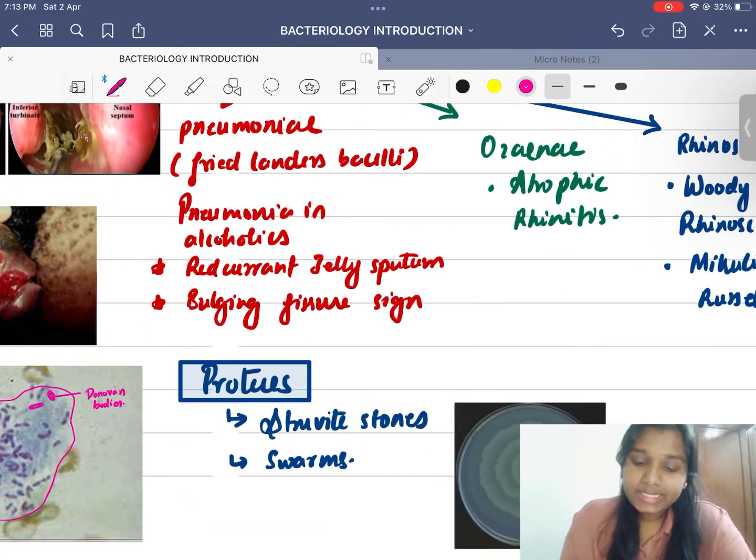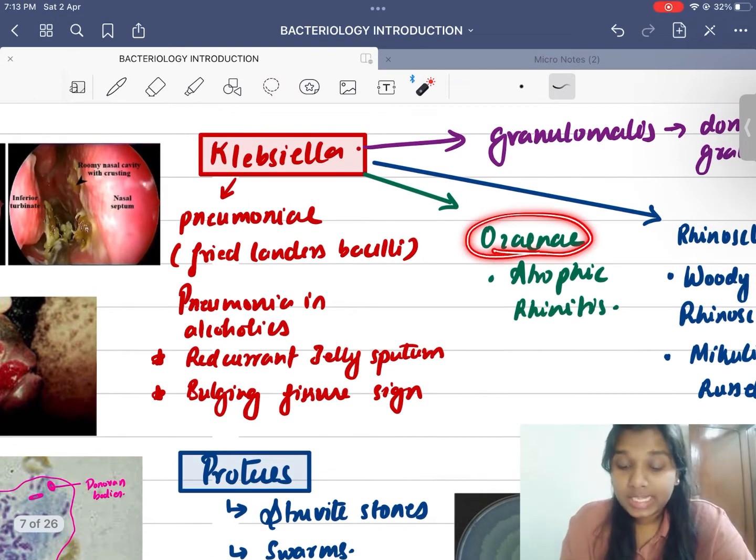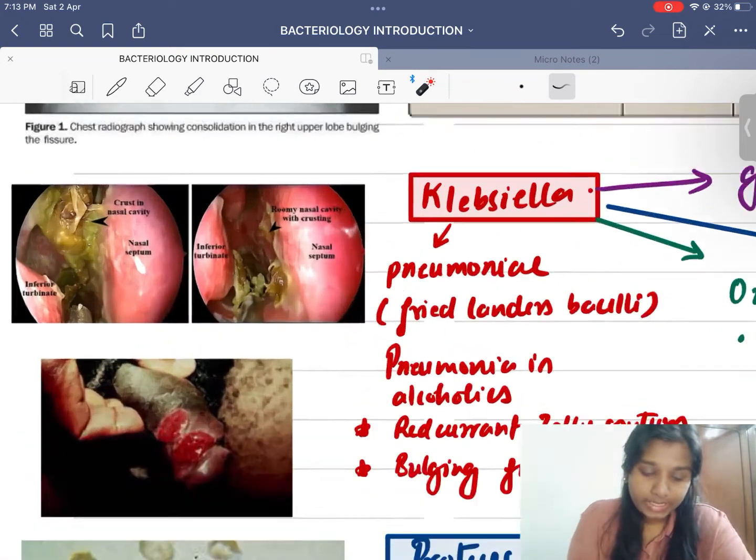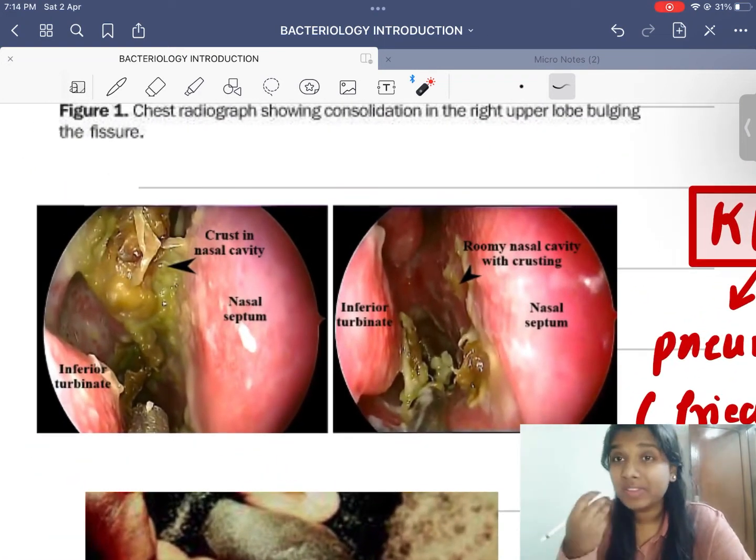Then we studied in ENT that Klebsiella ozaenae causes atrophic rhinitis. And what do you learn in atrophic rhinitis in ENT? Basically what is happening, the normal columnar epithelium of the nose becomes squamous epithelium, which leads to a lot of space in the nose, right?